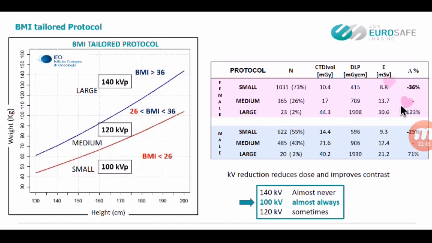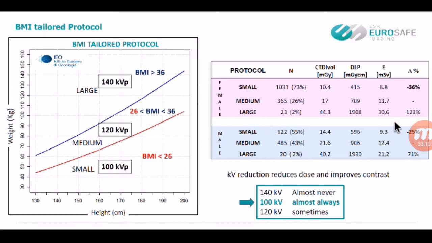The results are reported in these tables, and we have seen that in 73% of the women we could spare 36% of the dose. And in men, 25% in 55% of all the men.